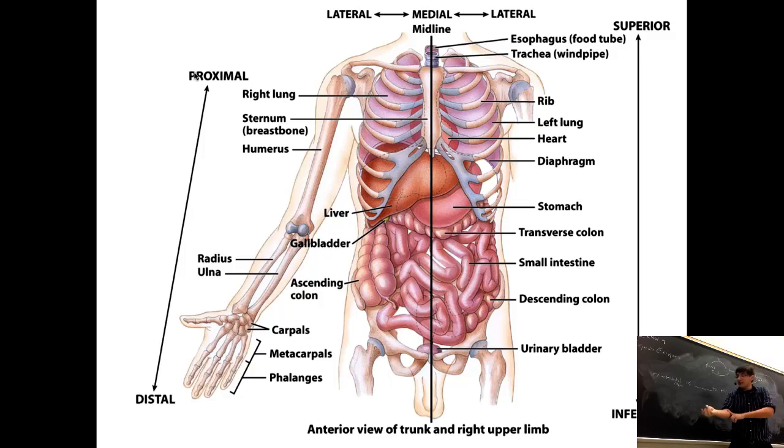My antecubital region is proximal to my carpal region, right? That means my antecubital region is closer to my shoulder, closer to the attachment point. Distal has more distance. My carpal region is distal to my antecubital region.